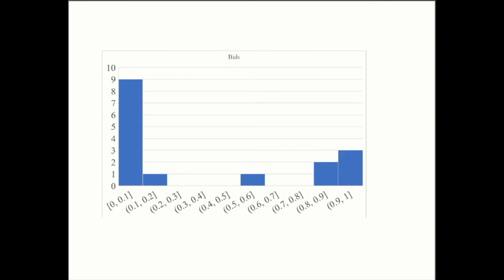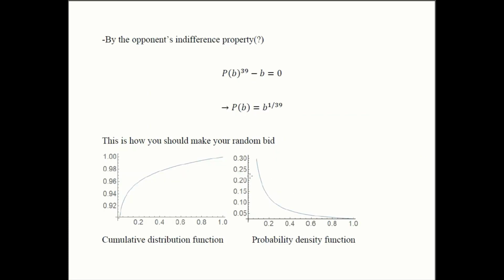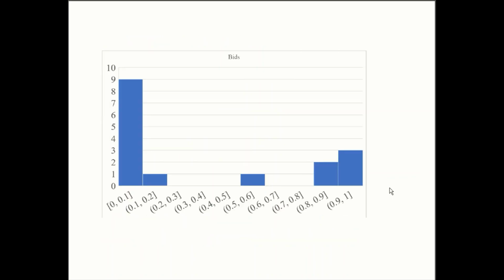We have 3 students who bid above 0.9, and 2 of you also bid above 0.8. So 5 students total of a class of 40 bid above 0.8. 5 out of 40 is 1/8, that's 12.5%. That is a lot of overbidding compared to what the theory says. Remember, the theory says that 96% of you should be bidding less than 0.2 and 94% less than 0.1.